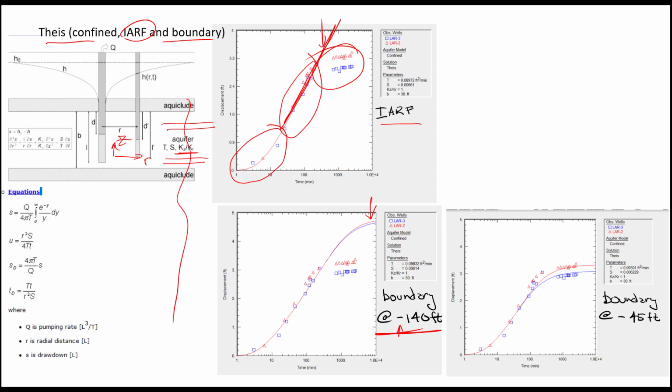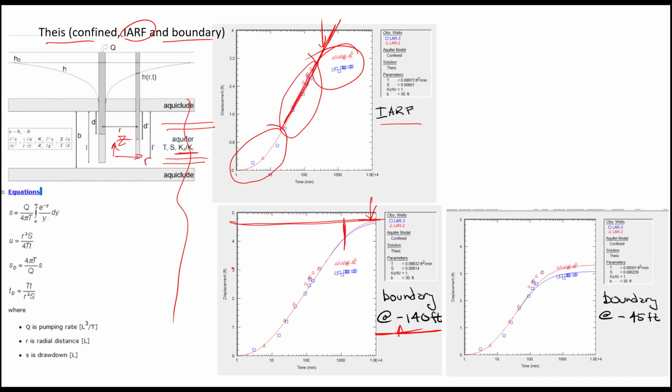But it's happening a bit too late, and it's not really flattening out at a low enough head to be consistent with the data. So the behavior is right, but the timing and the magnitude are not really right.